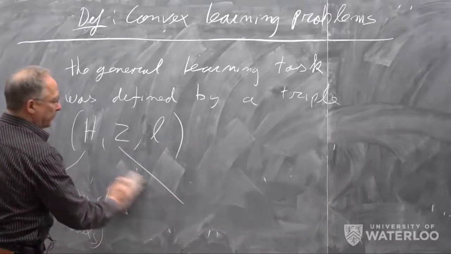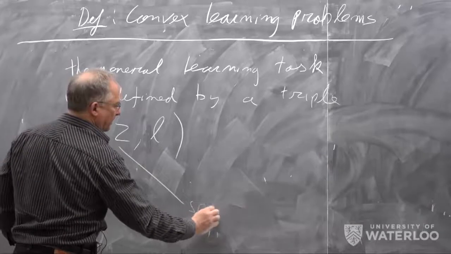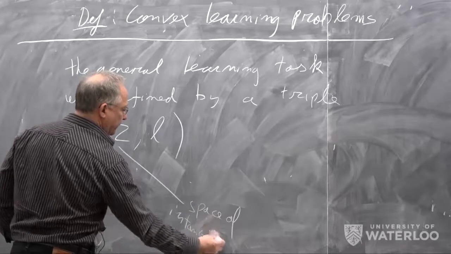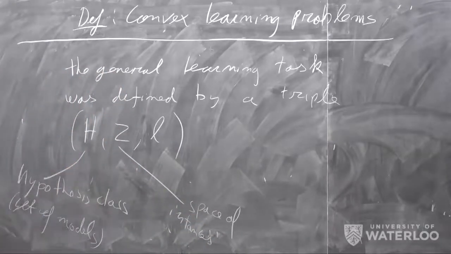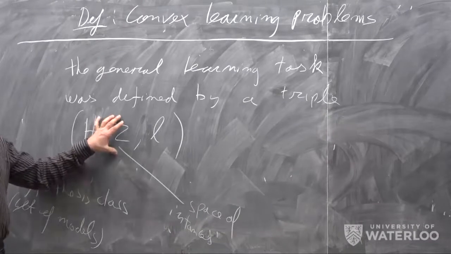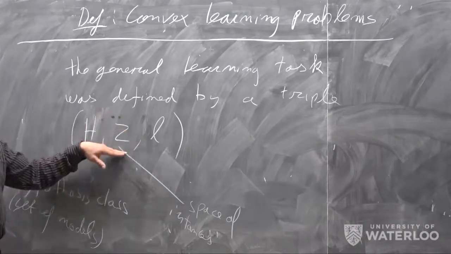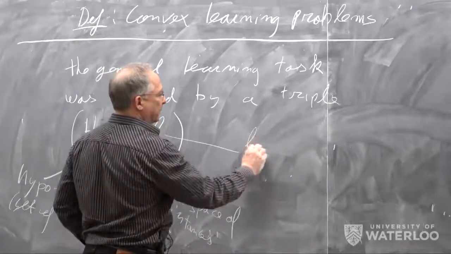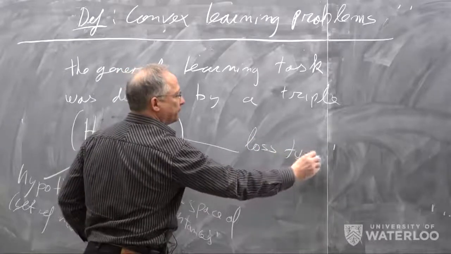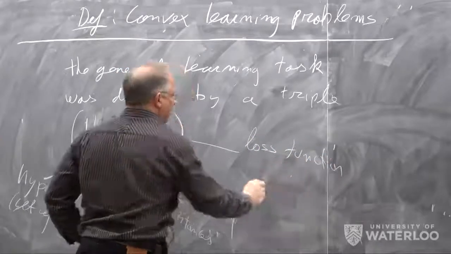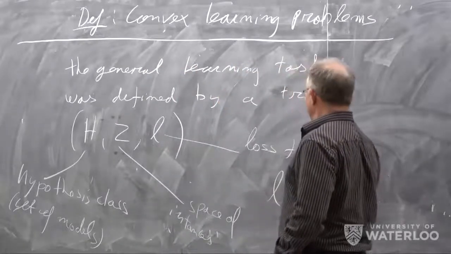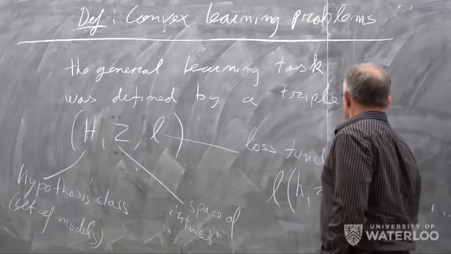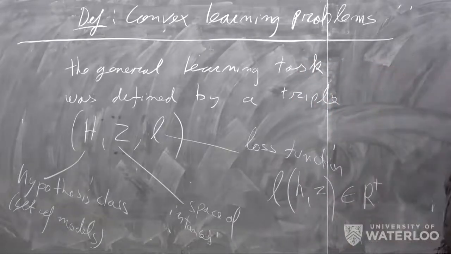Z is my space of instances. These are the points that I see, the points that I'm trying to predict. In the case of the 0, 1 prediction, Z was x cross 0, 1. And L is some loss function. So the loss function takes a model H from H and takes some Z and gives me some positive number, which is my loss.